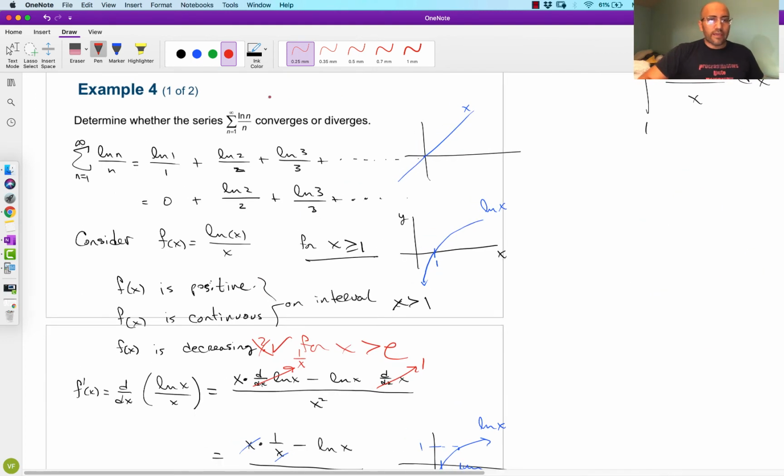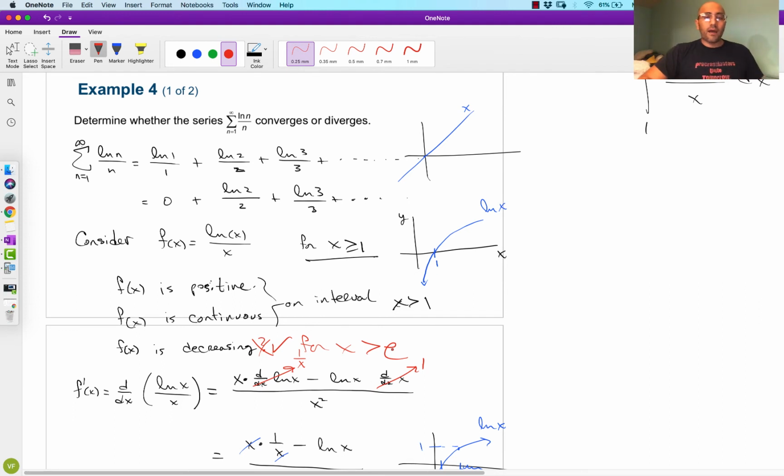Okay, so putting it all together, we were working with this guy. We wanted to know what happens to this series. Is it going to converge? Is it going to diverge? Okay, we compared it to our continuous function, ln x over x. We found that this function is positive, continuous, and decreasing for x being greater than e.